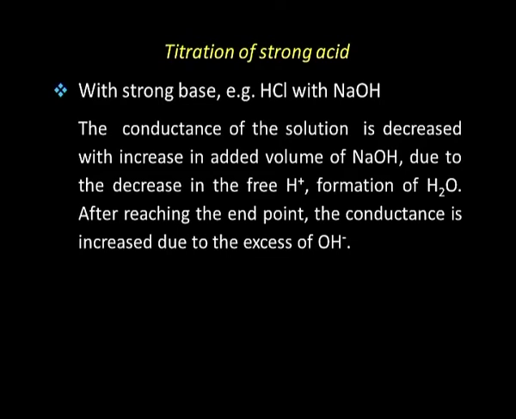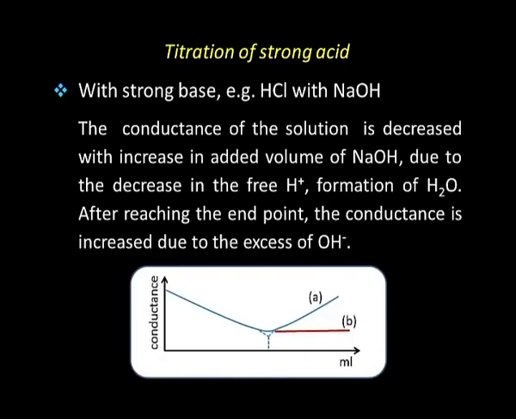After reaching the end point, the conductance is increased due to the excess of OH minus, which means now the curve will be, in the beginning you can see here we have a decrease of conductance, and at the equivalence point again it starts increasing because of increase in OH minus.